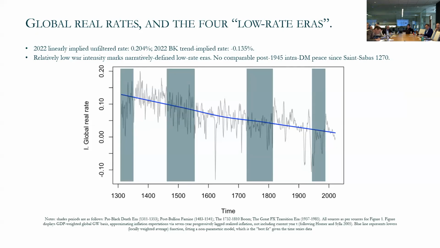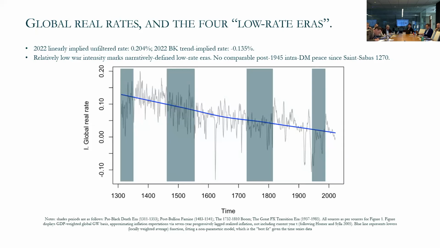And then obviously after 1945, this is often underappreciated, but we are currently living through the longest period of an absence of advanced economy intra-state wars, if you will, that we can record over this period since the Renaissance.